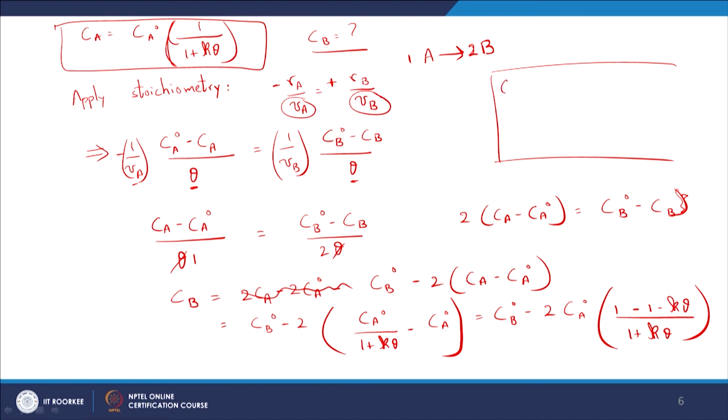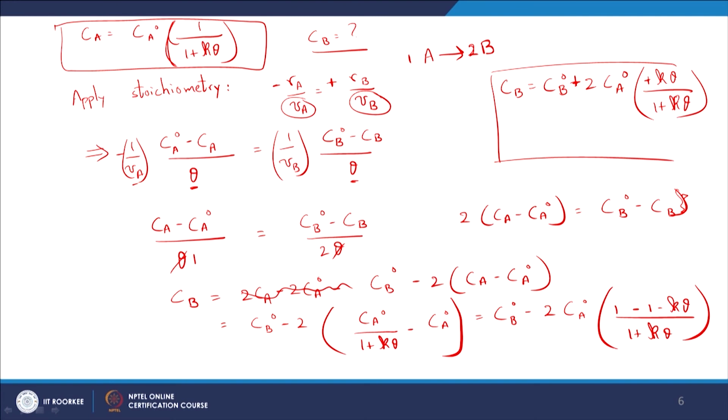I am going to have Cb is equal to Cb naught minus 2 times the concentration of A naught into 1 minus 1, so minus k theta by 1 plus k theta. And if I make this positive, this is going to be a positive term here, and this is what we are going to end up with.